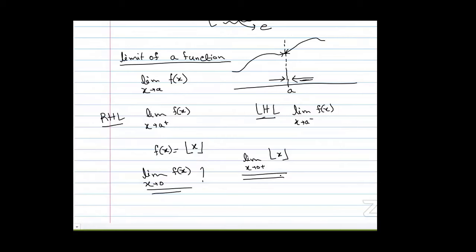Because floor only takes integer values less than or equal to it. So when I am approaching towards 0 from the right side, from 0 to 1, open 1, all the values are 0. This is basically a constant function 0 in this interval. In this neighborhood, when I am approaching towards 0, all the functional values are 0. So this limit is nothing but 0.